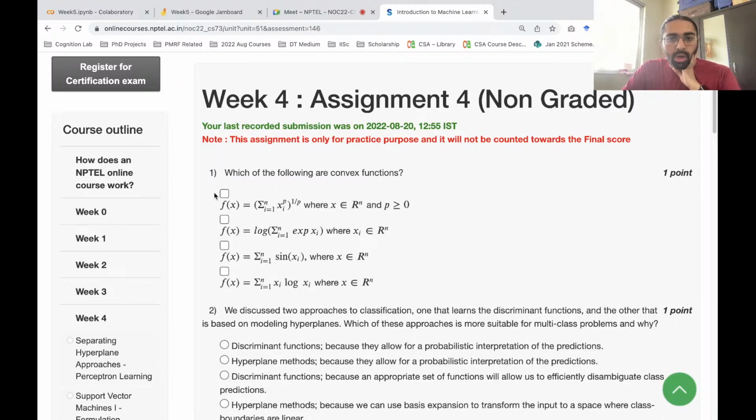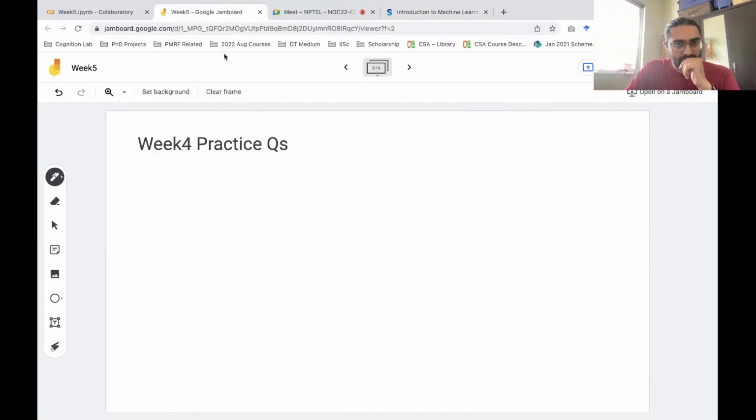Any idea how you would solve such a question? What are the different ways of solving such a question? Yeah, we can first find the individual component functions and see if they're convex at all, how they're combined, and whether that composition is convex.